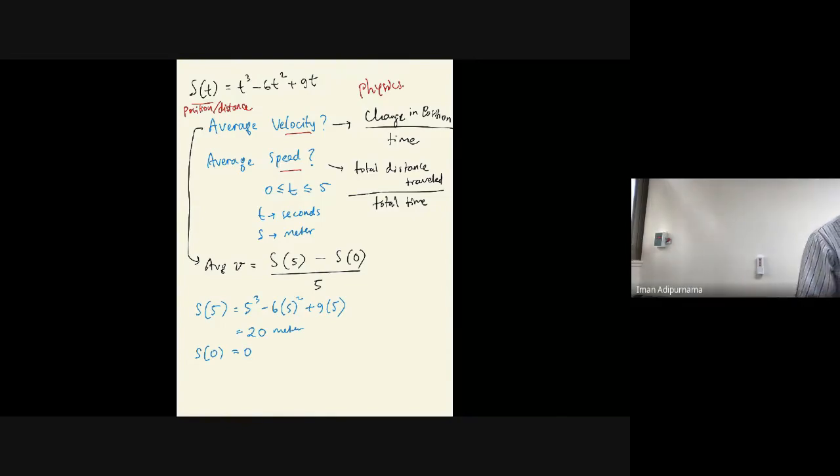So our average velocity is 20 divided by 5, which is 4 meters per second. Based on this definition, it's already correct.